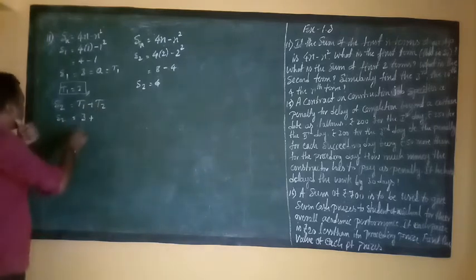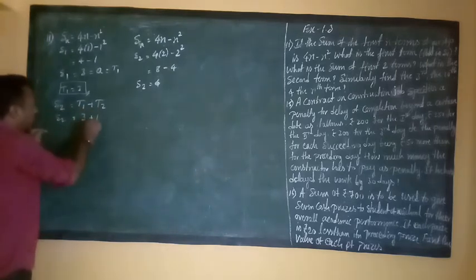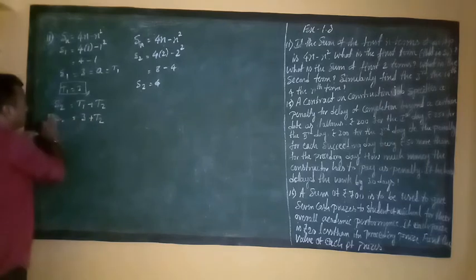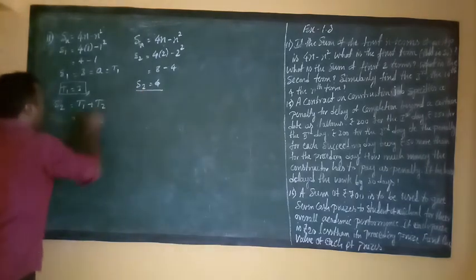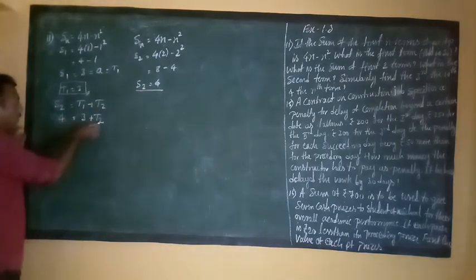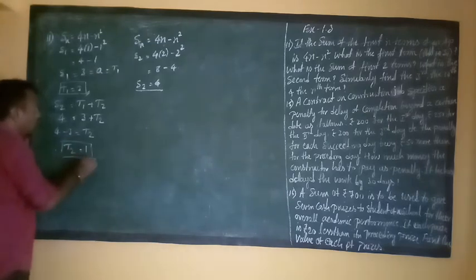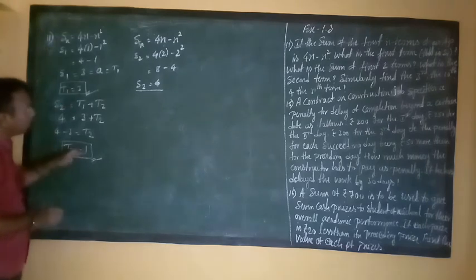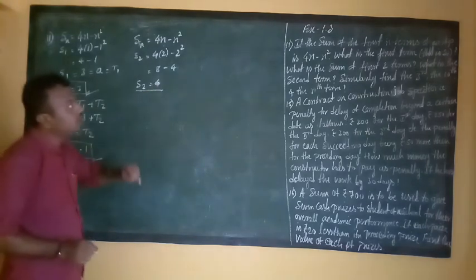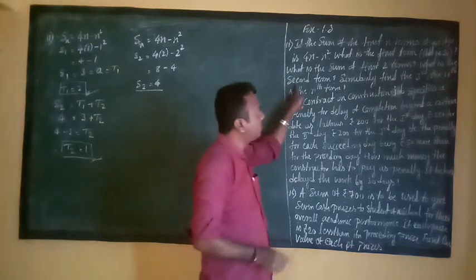T1 is 3, S2, the sum of the two terms, is 4. We substitute: 4 minus 3 is equal to T2. Therefore T2 is equal to 4 minus 3, which is 1. So T1 is 3, T2 is 1. If you add 3 plus 1 it becomes 4. Next, what is the sum of the first two terms?